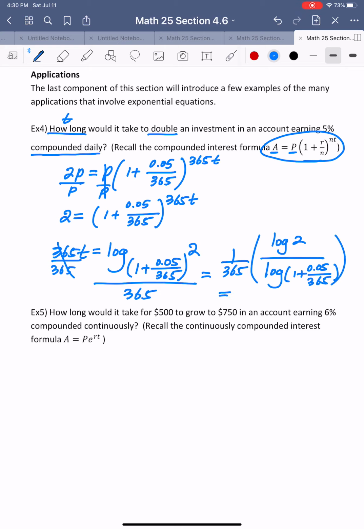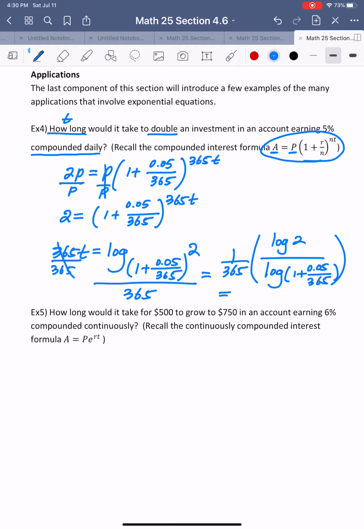And then you can just use a calculator. So 1 divided by 365, close parenthesis, and then the log of 2 divided by log of 1 plus 0.05 divided by 365.